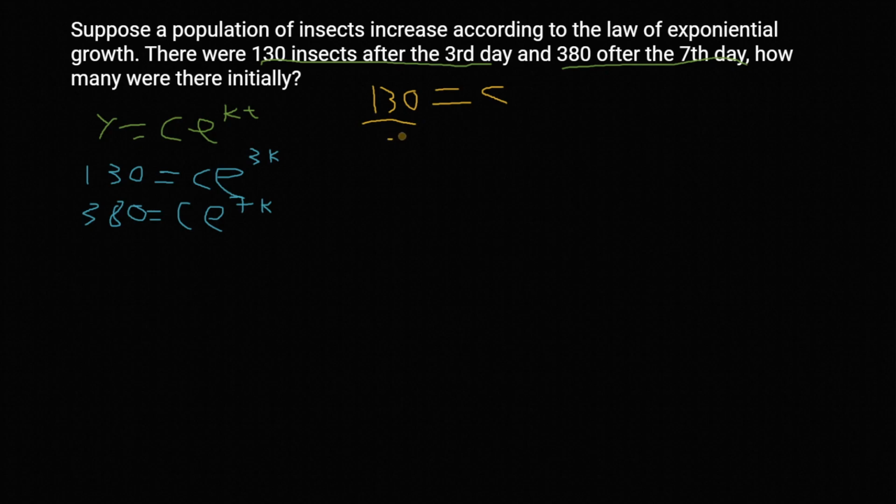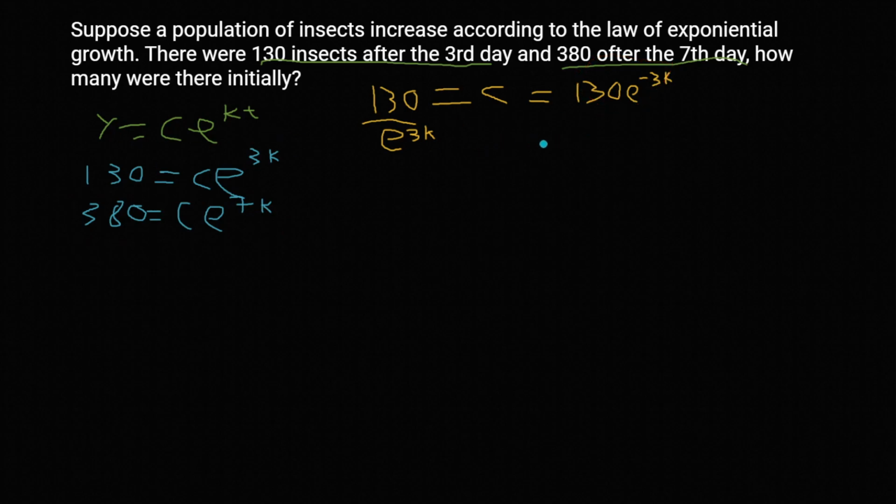So c is 130 e to the 3k, or we could rewrite this as 130 times e to the negative 3k, just with properties of exponents. Now we have a function for c, and we could substitute this in to our other equation. So I'm just taking this equation right here and substituting this in for c.